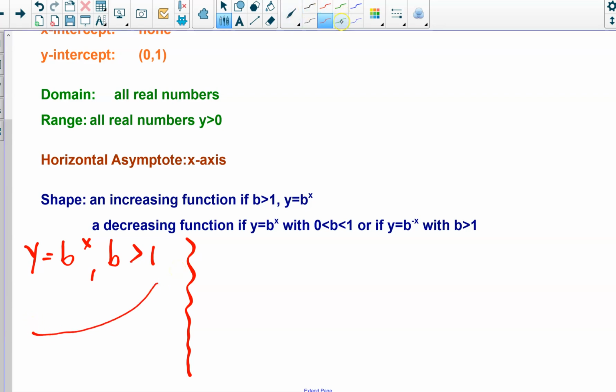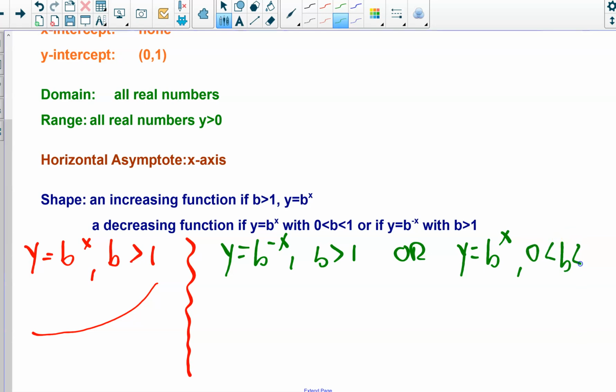And then if I had another one where I had y equals b to the negative x, where b is greater than 1, or if I had y equals b to the x, where b was a fraction, so between 0 and 1. So this other scenario here, it's going to curve down.